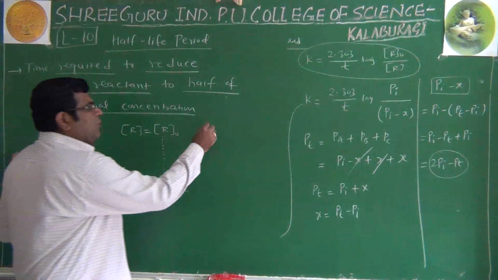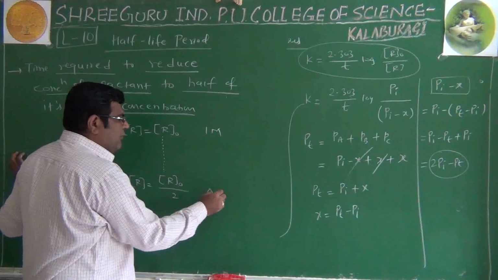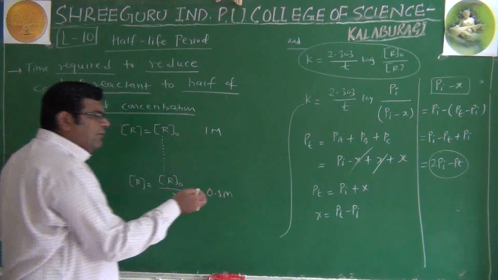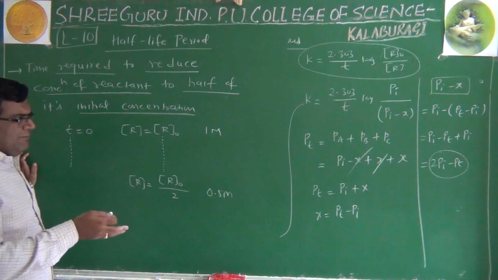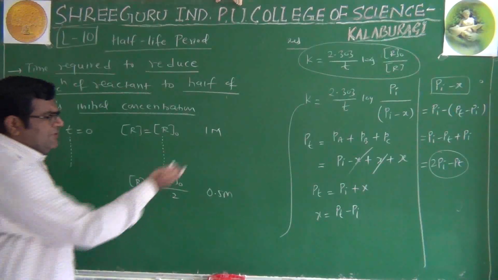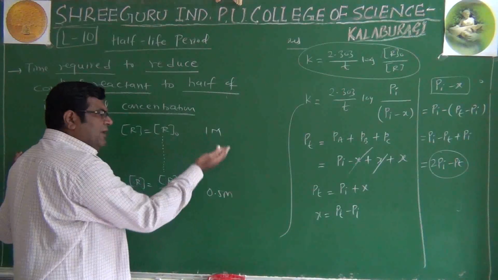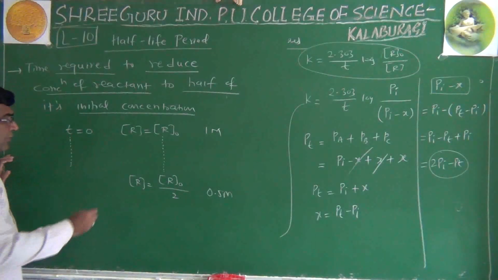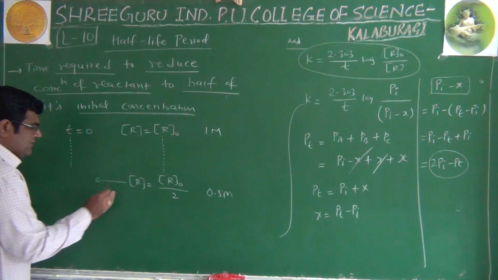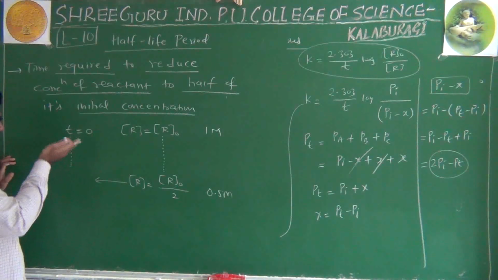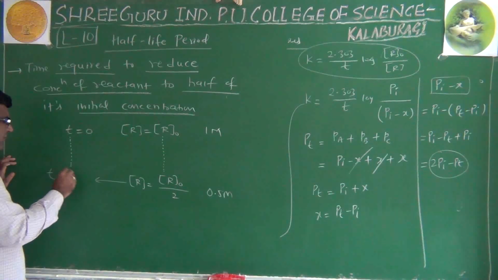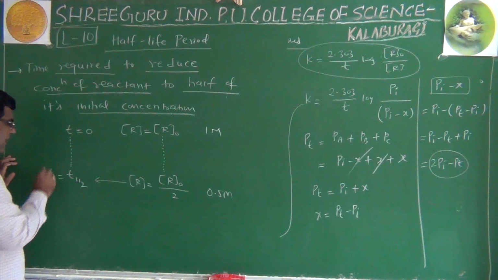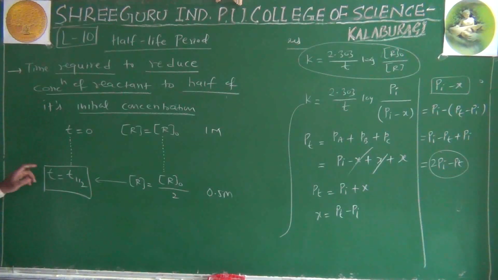For example, this is 1 mole per liter. It can be 0.5 mole per liter at one time in the life of that reaction. I am giving this example, not always 1 mole per liter. It can be anything. If it is R0, it becomes R0 by 2. Now the time corresponding to this is nothing but the half-life period.